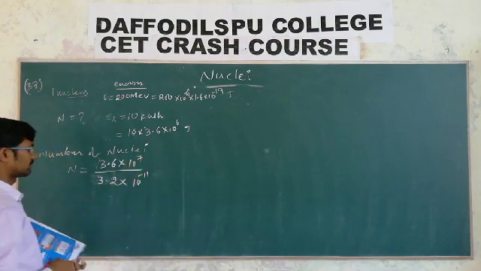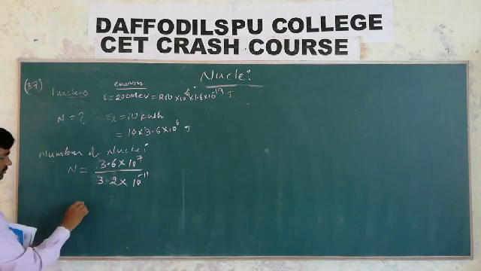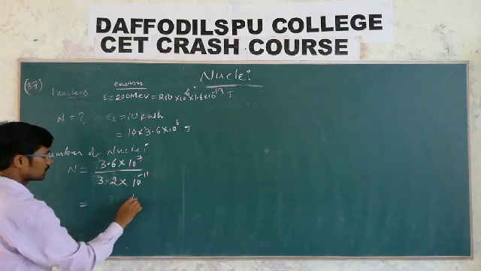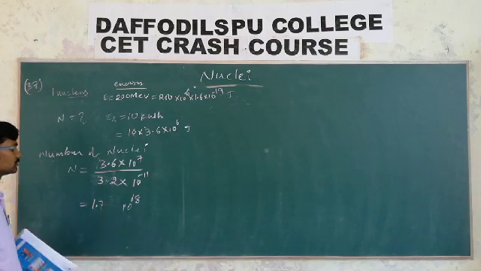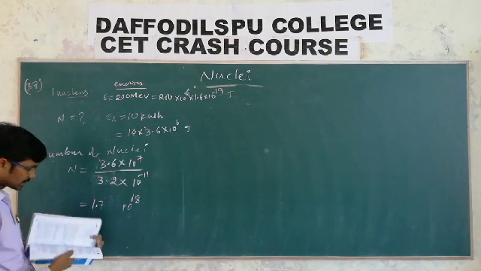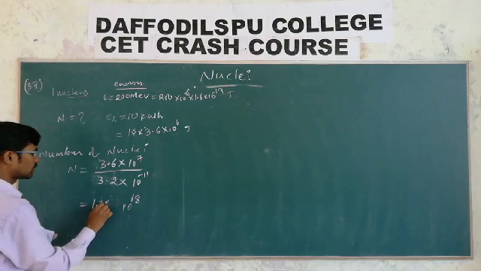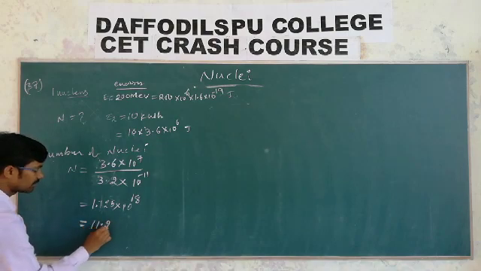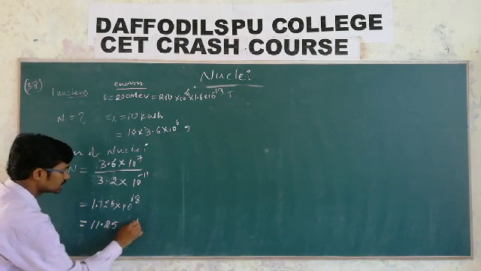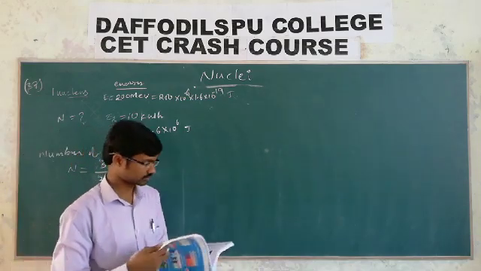So 10 power minus 11 goes to the numerator, 10 power 18, and this value is around 1.125, so you can write it as 11.25 into 10 power 17, which is the third option.